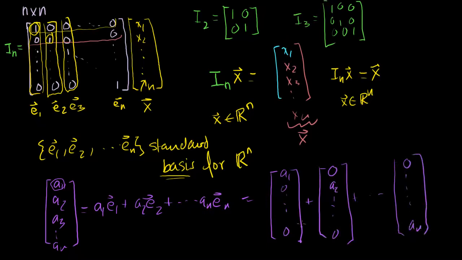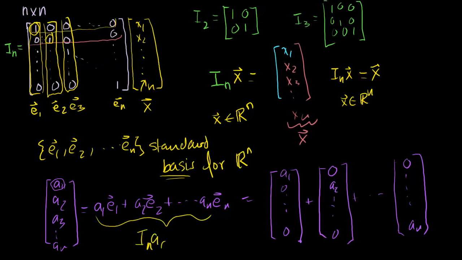And obviously, by our definition of vector addition, you add all of these things up, you get this vector right here. And it's kind of obvious, because this is the same thing as our identity matrix times the vector. I just wanted to expose you to that idea.